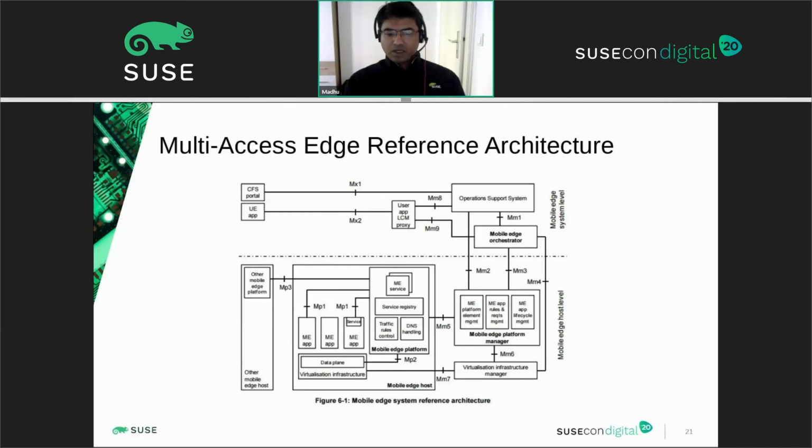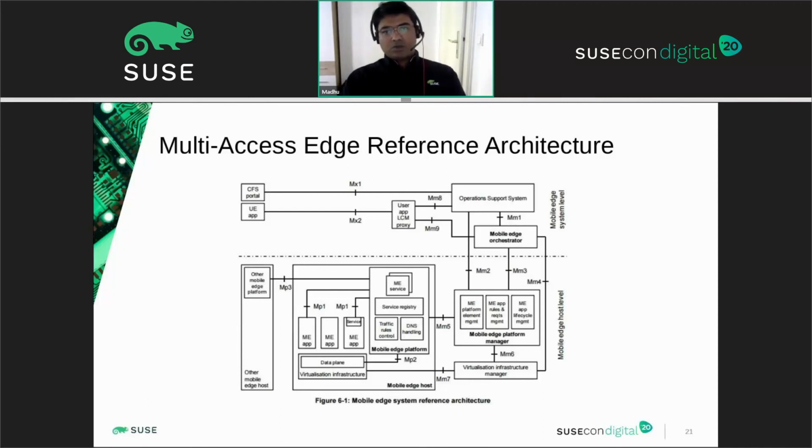The edge platform is something that provides the virtual infrastructure manager with the required resources, saying what kind of resource we need, whether we need containers or virtual machines, and what would be the capacity to be used for the kind of service that we want.